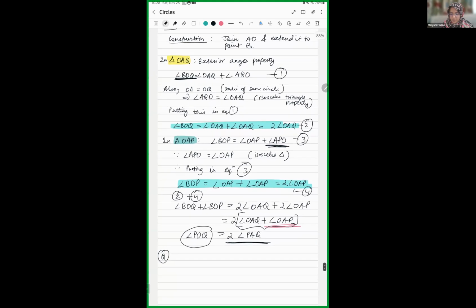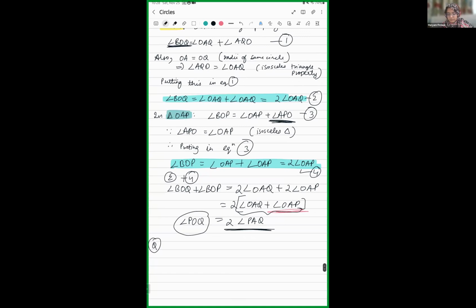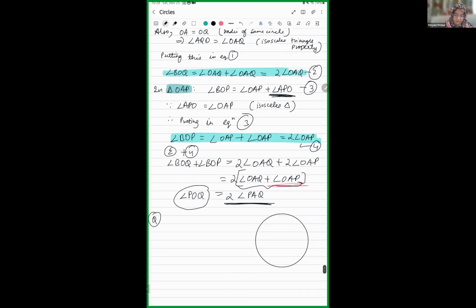Note down these questions for homework. Done, ma'am. Okay. Draw a circle. This is the center O. This is a point A, a point B. AB is an arc.